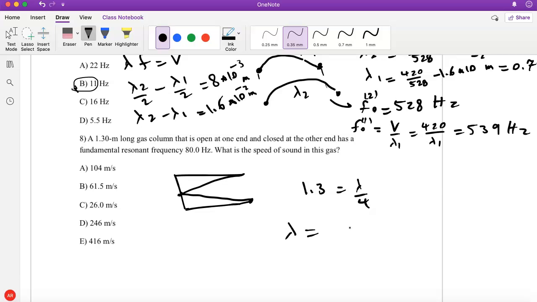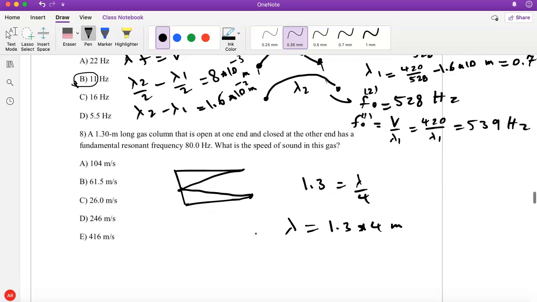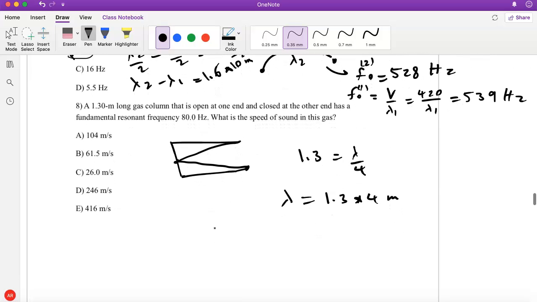So lambda is 1.3 times 4 meters. And then we know the frequency, we want the speed, so we know the speed is the wavelength times the frequency. So it's going to be 1.3 times 4, that's in meters, times 80, which is in hertz, so that's good. Our result is going to be in meters per second.